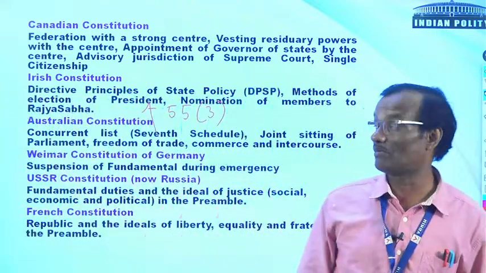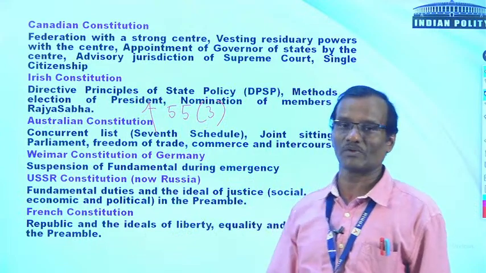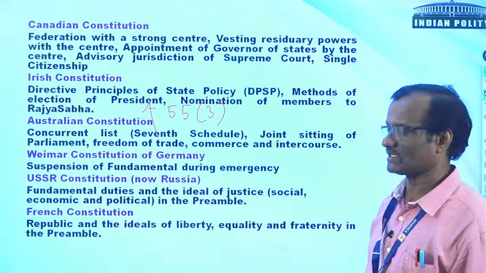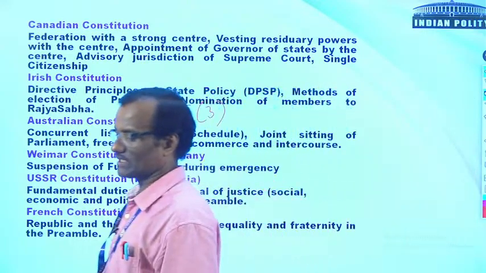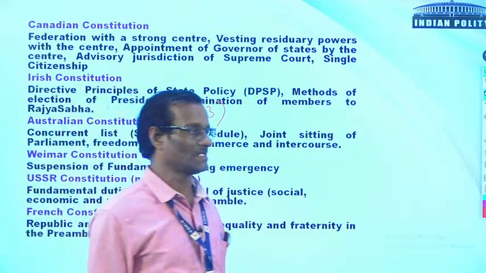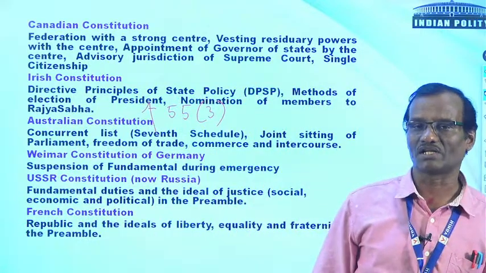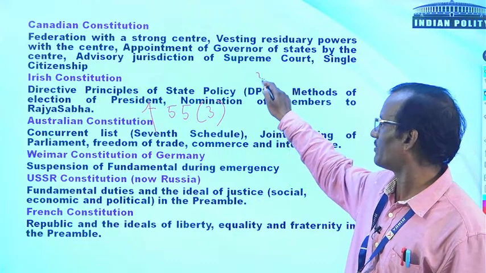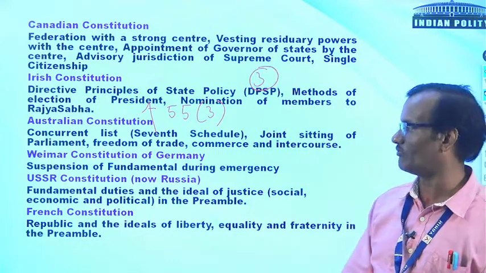Then nomination of members to Rajya Sabha, a unique provision provided under Article 80 of the Indian Constitution, that the President shall nominate 12 members to Rajya Sabha from arts, science, social service and literature. So we have borrowed three provisions from the Irish Constitution mostly.